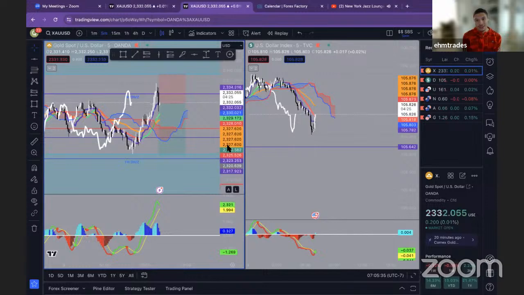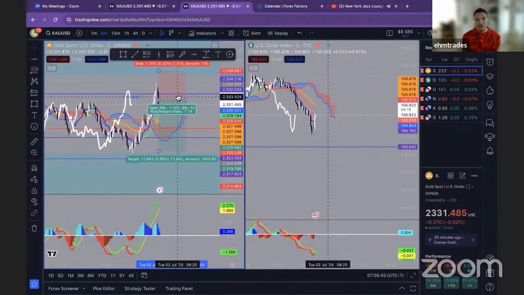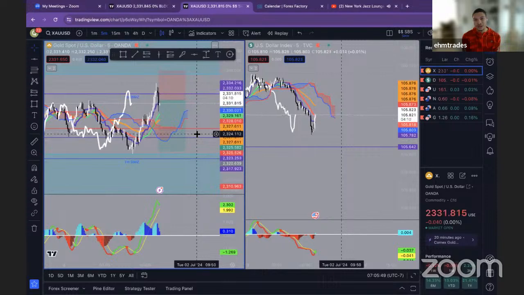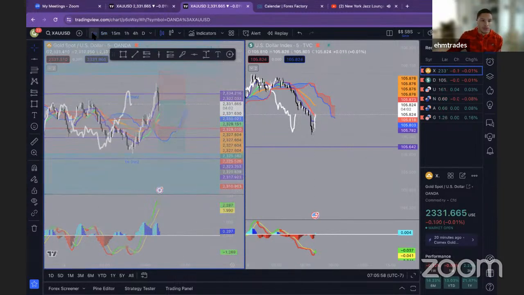That conversion line is going to basically tell us who controls price over the last 9 periods, so in this case, over the last 45 minutes, because I'm viewing my 5-minute. If I get a confirmation saying sellers are in control of price from this moment, then we'll see how long they stay in control. That would be perfect.